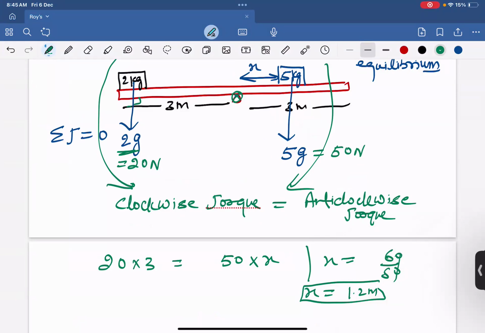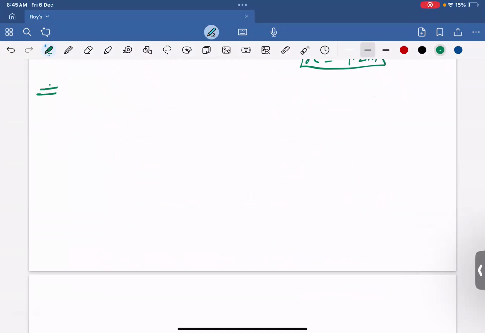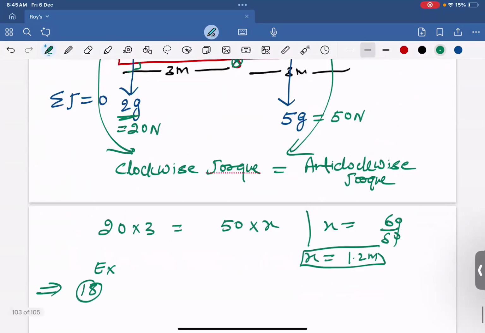I want to go to your exercise, question number 18. You have the target book with you? Yes, sir. Could you just scroll upwards for 1 minute? Yeah, sure.